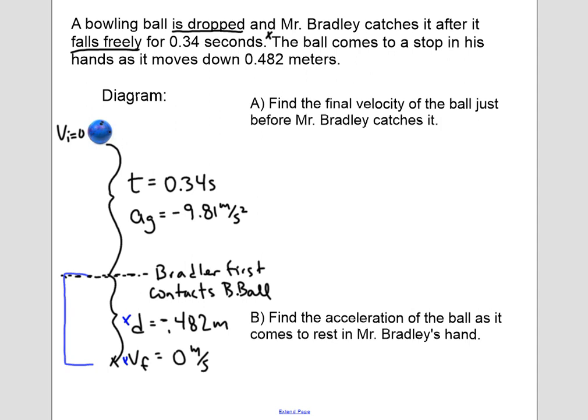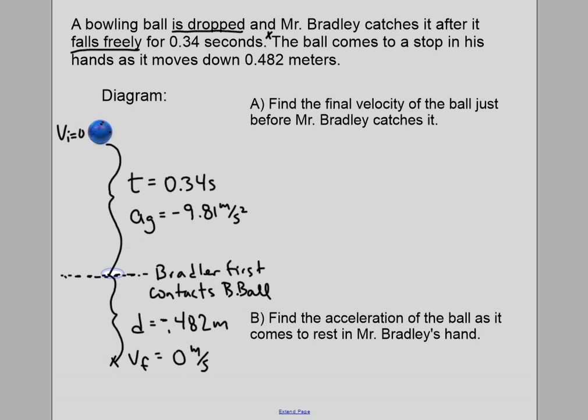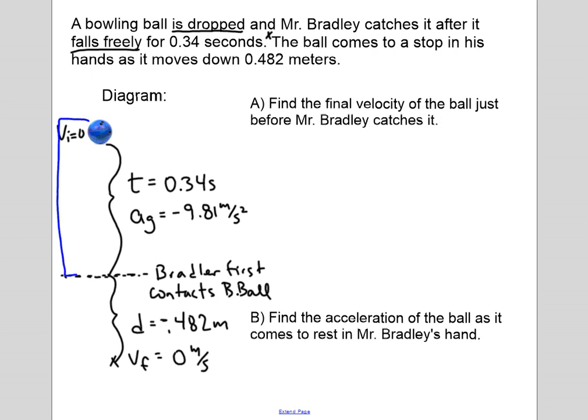If we're looking for the speed right here, and we're going to calculate it from what happened beforehand, from here down, we'd be looking for Vf, because that speed's at the end of that interval. And we have three pieces of information, Vi, t, and a_g, that are good in that interval. So the way to find Vf for the fall, which is the moment before Bradley catches it, would be Vf of the fall.